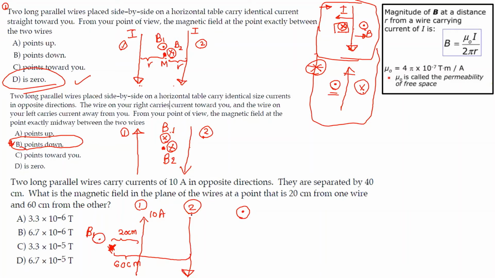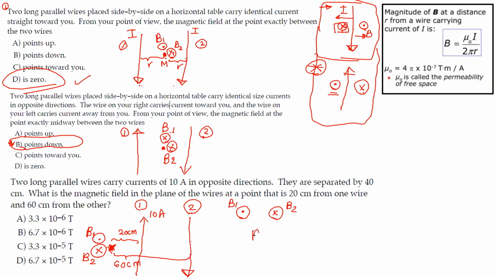And from the second wire, current is going down and this points towards the left. It is going in. So B1 was coming out of the plane and B2 was going into the plane.